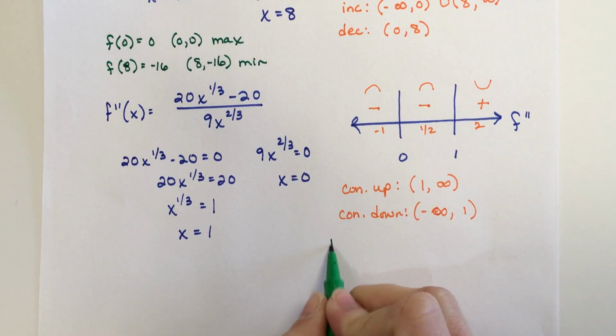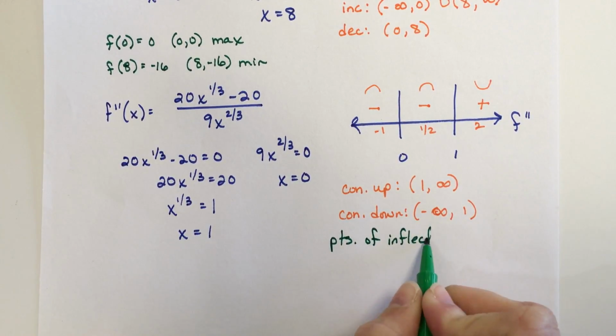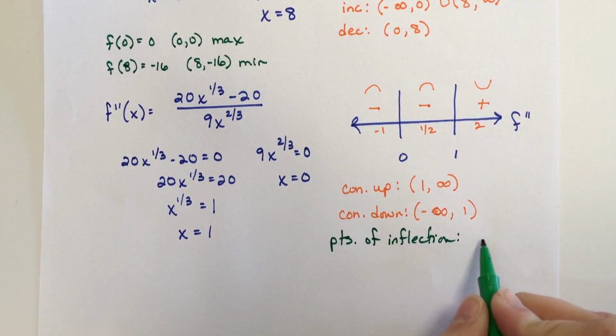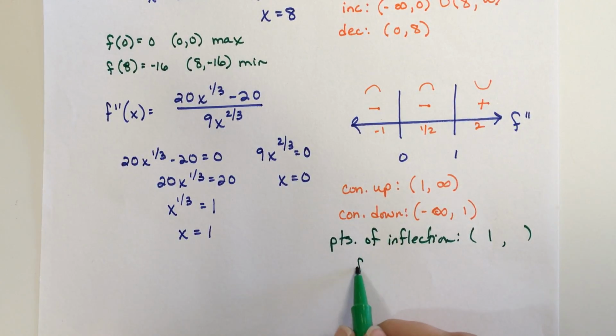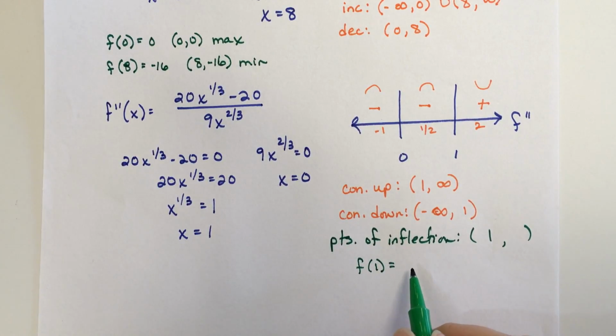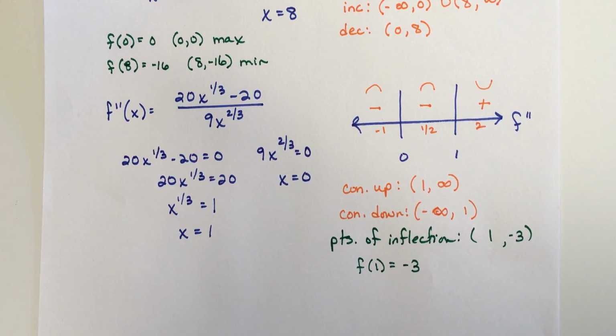So with your points of inflection, we know that's going to occur at x equals 1, but you're going to substitute the 1, remember, back into the original function because it is an actual point on the graph, which is going to give you -3. So we've got the point (1, -3) for our point of inflection. Now, you're not going to have any asymptotes on this type of function, so nothing to worry about there.